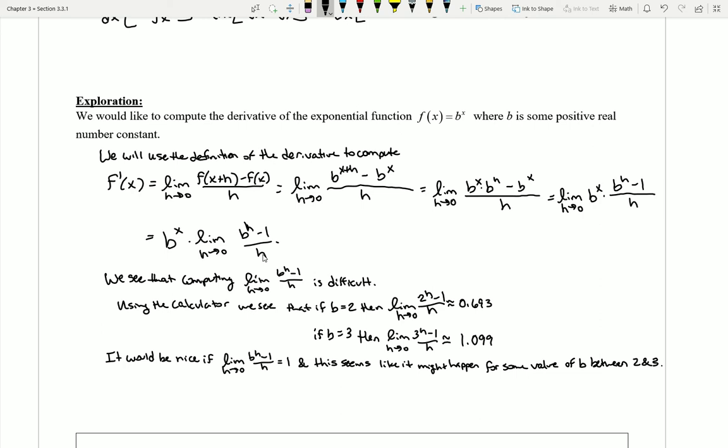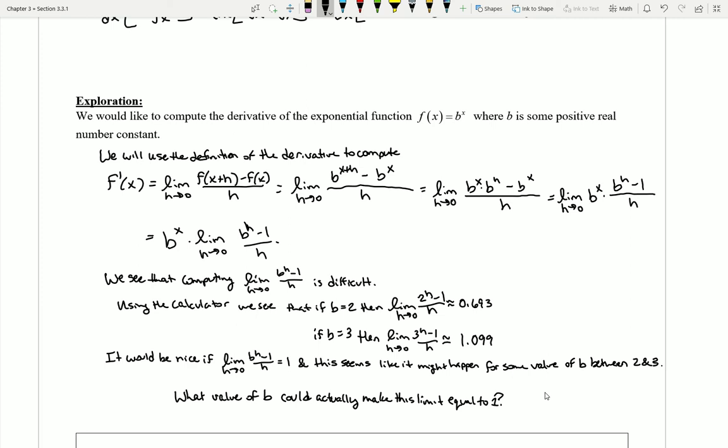Now here's actually the question. What value of b could actually make this limit equal to 1? What would be the value?